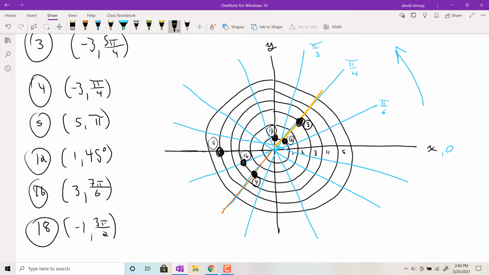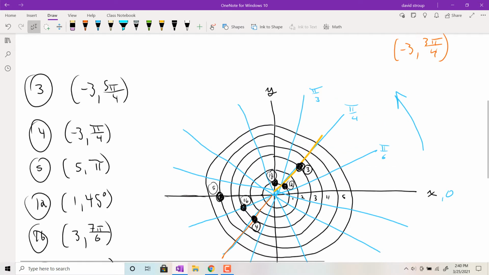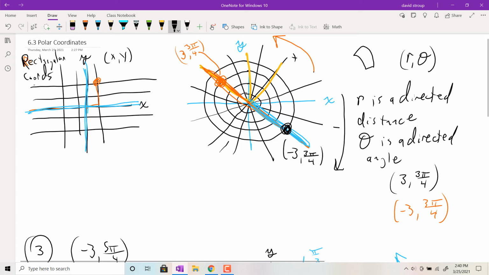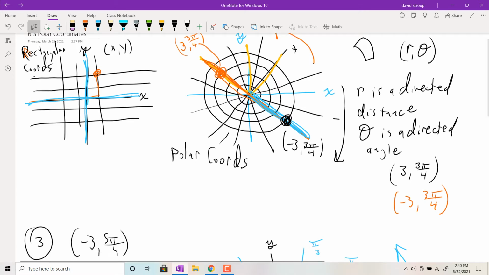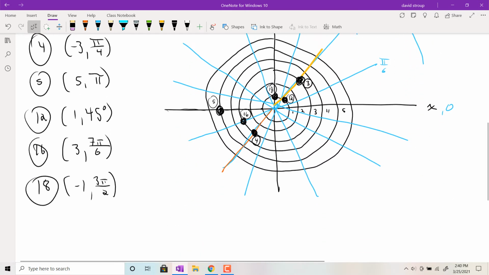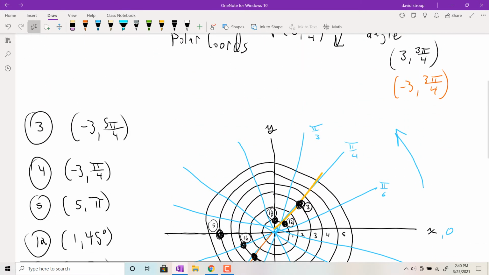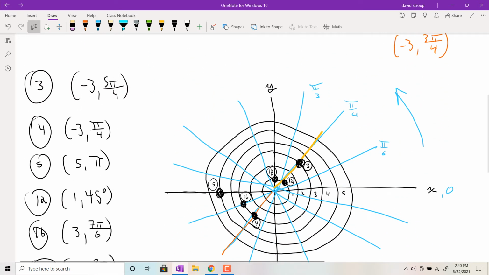The weird thing about comparing these two: in the rectangular coordinates, all of the points are unique. Okay? That's not going to be the case over here in the polar coordinates. Unfortunately, there's multiple representations for plotting points in the polar coordinate system.